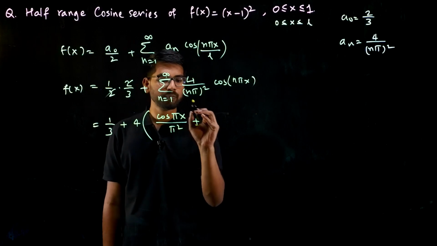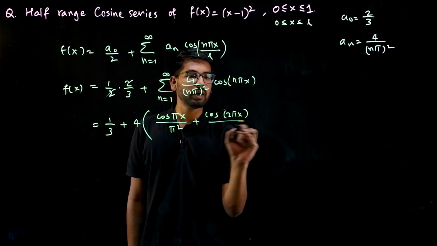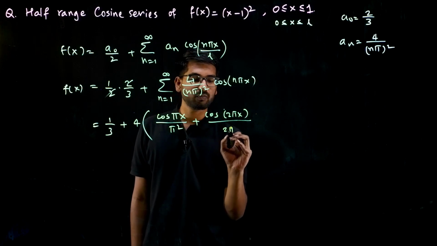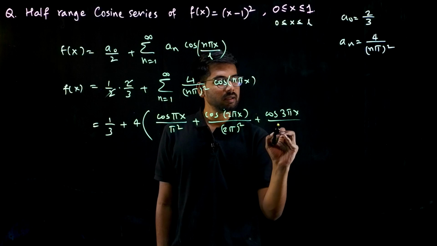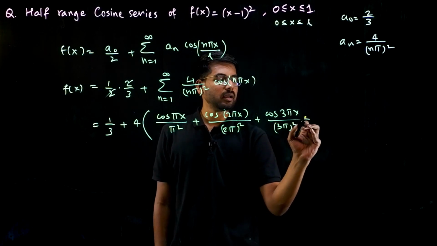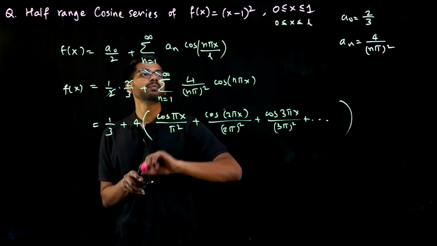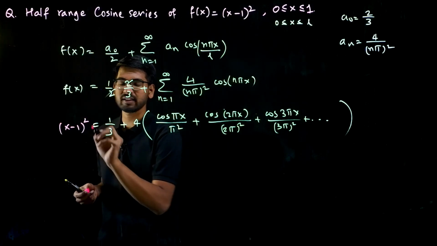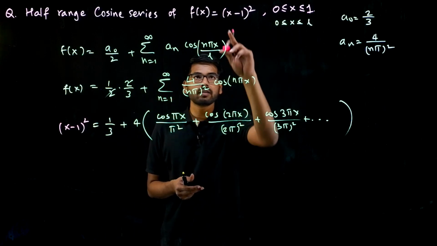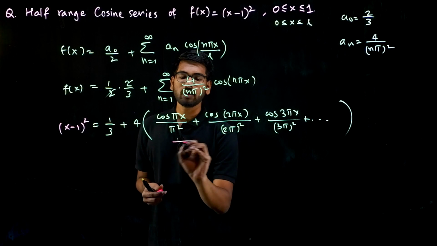Plus, if you substitute 2, we'll get cos 2 pi x by 2 pi square. Okay. Plus cos 3 pi x by 3 pi square, and so on. This is a series. This is a Fourier series expansion of x minus 1. Sorry, this is a half range cosine series expansion of f of x is equal to x minus 1 whole square in the interval 0 to 1.